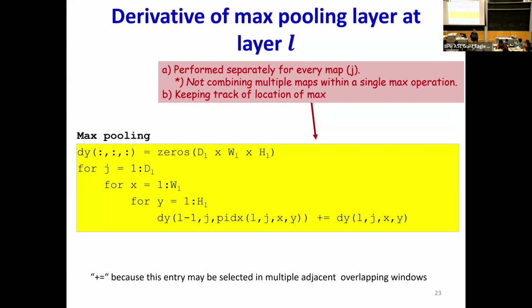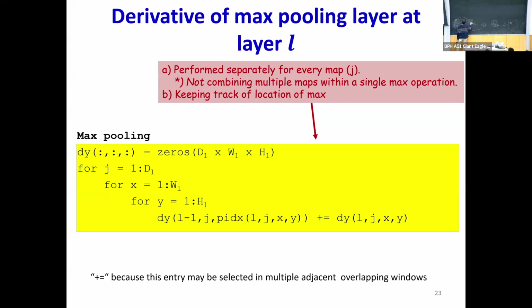Anyone? Right. So I might have, for instance, if I'm sliding forward, if this is my input, for this location, this guy might get copied over, right?